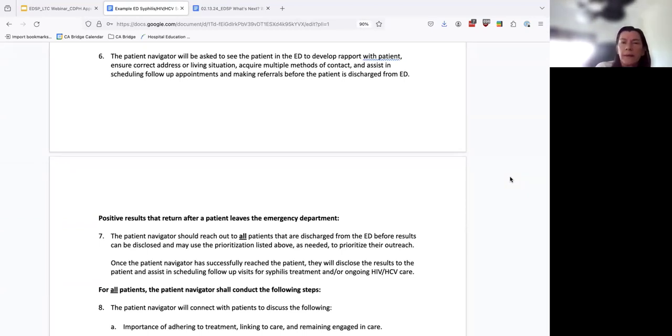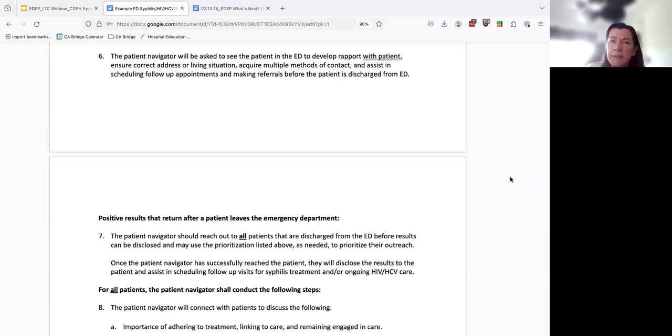So making sure that they gather the appropriate information so that those individuals can be followed up with by public health, that they get multiple methods of contact, whether it's an email, a phone number, text, snail mail, or contacting their brother, because that's the only way that they can get information, whatever is the method that they want you to contact them, making sure you get that method and some backup methods as well.